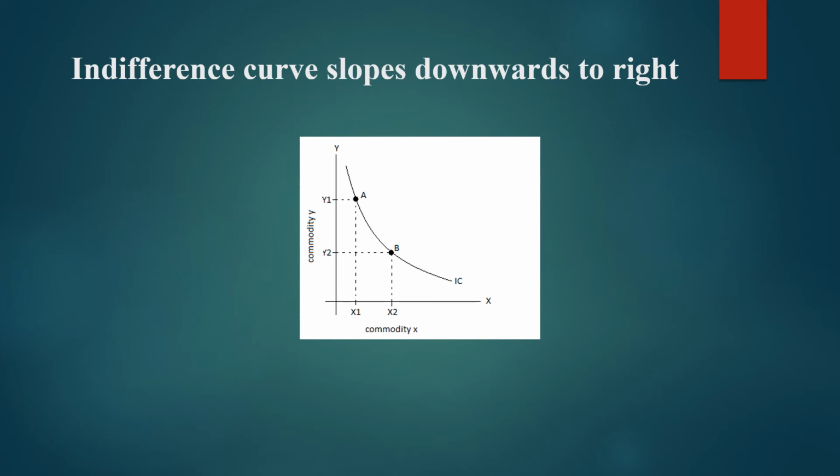So both are inverse. That's why the curve is a downward sloping curve. Both are moving in opposite direction, so we will have a downward sloping curve only.